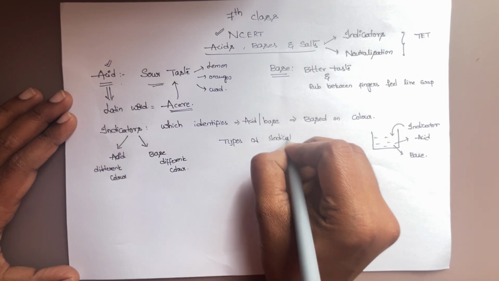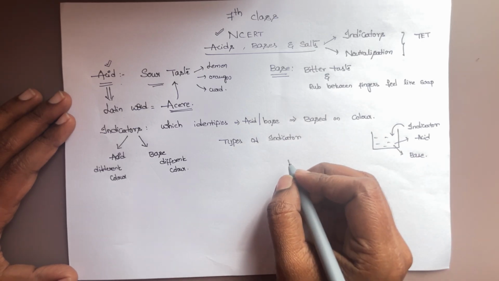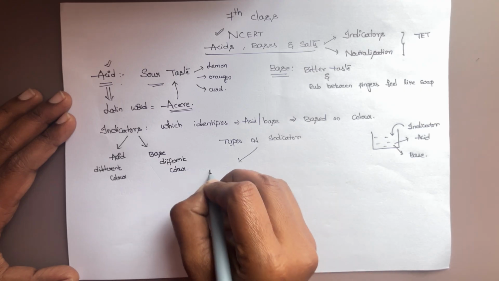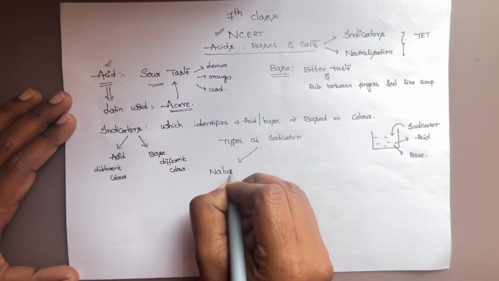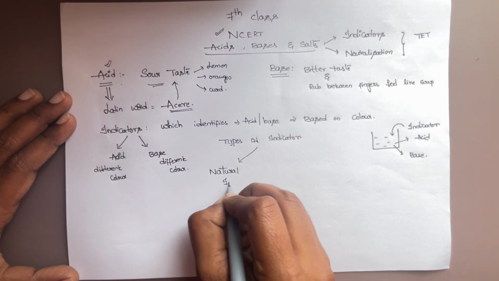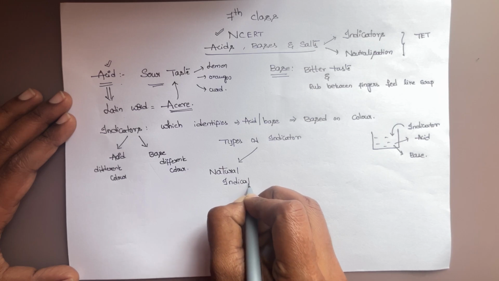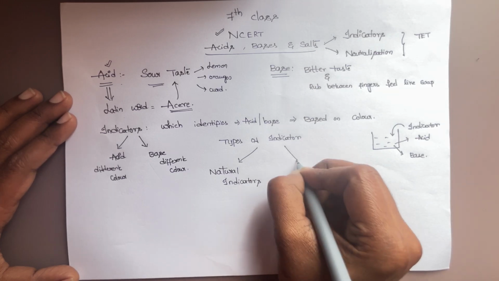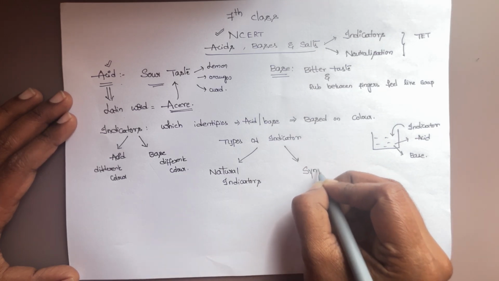we have two types of indicators: natural indicators and synthetic indicators.